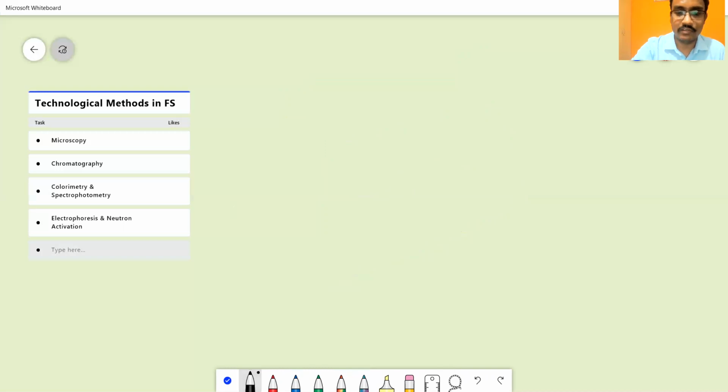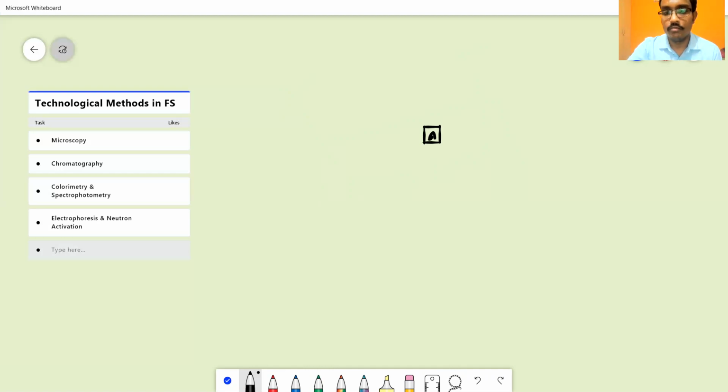Next up, neutron activation. So supposing you have a trace amount of metal, say for example, in a case of firearm injury, you have a small bit of bullet piece or cartridge piece, which you need to identify whether it's made of a particular alloy. You don't want to waste it. The best way to identify very finely, very precisely what that bit of metal contains is to ideally use neutron activation.